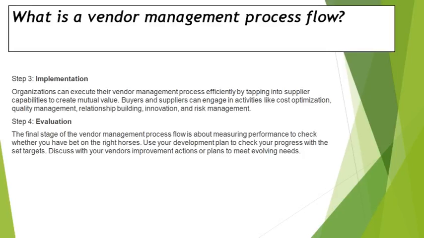Number 4 is evaluation. The final stage of the vendor management process flow is about measuring performance to check whether you have bet on the right horses. Use your development plan to check your progress with the set targets. Discuss with your vendors improvement actions or plans to meet the evolving needs.